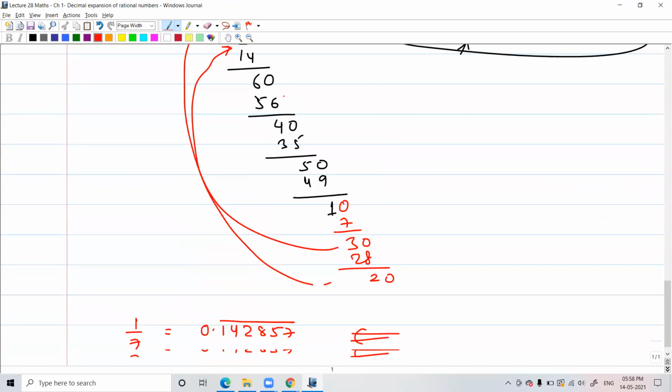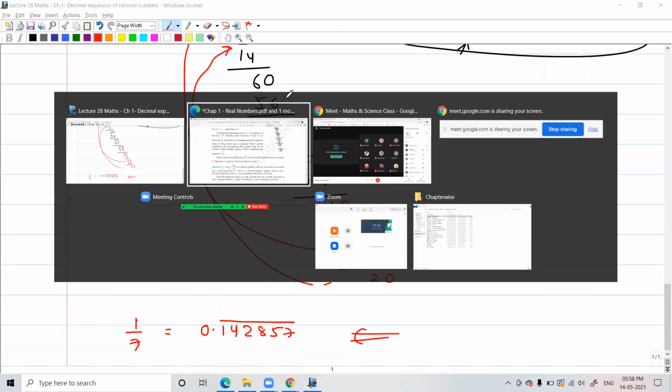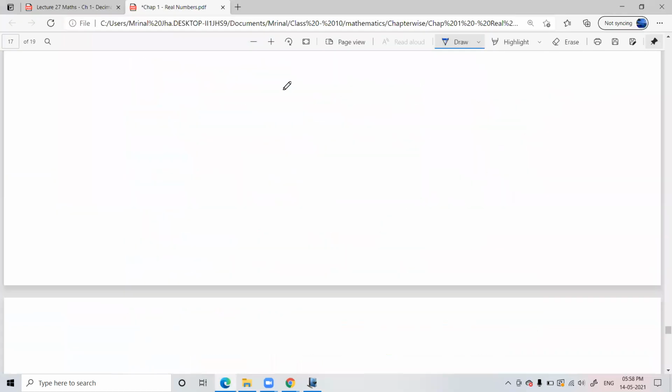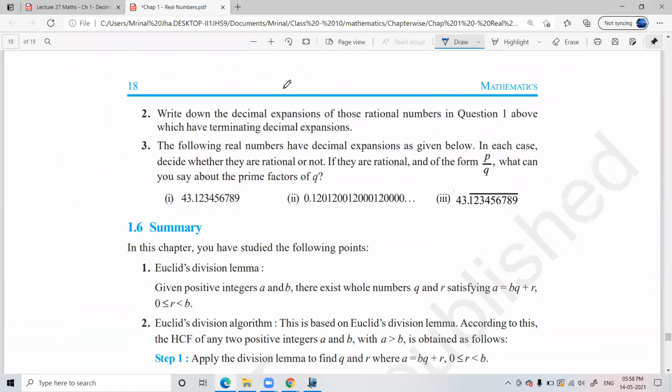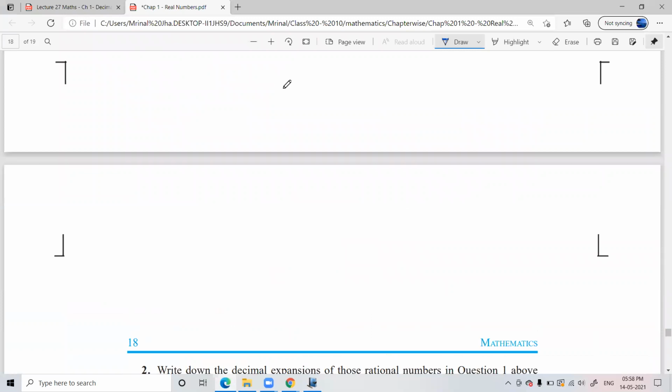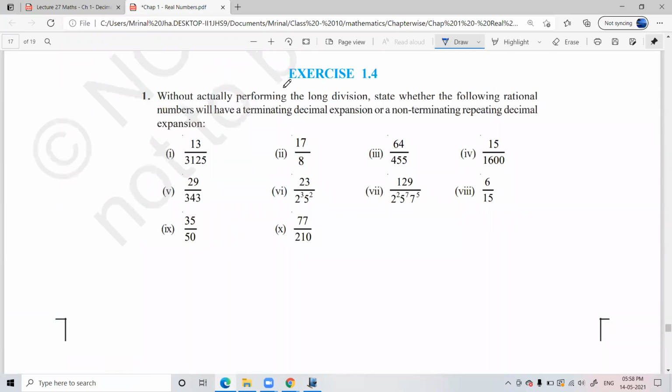All right. So enough of stories. Now let's get back to the questions from your exercise. Take up the first question, and work on the first 4 questions very quickly, all of you.